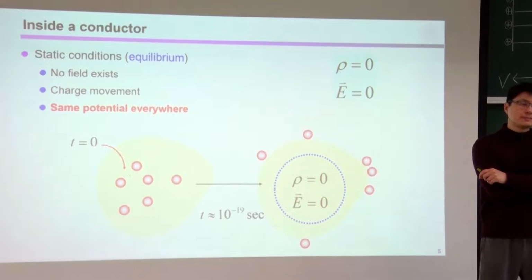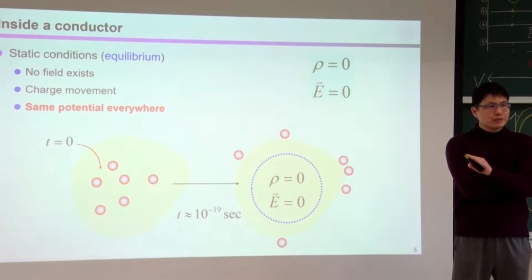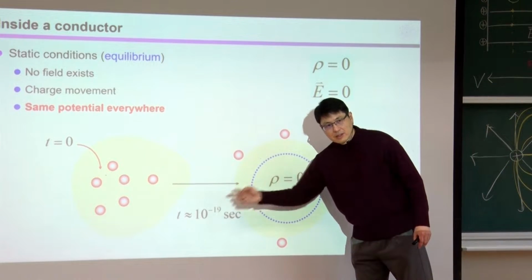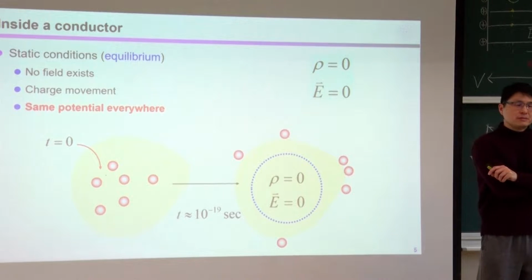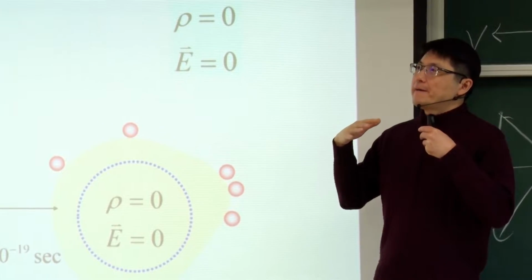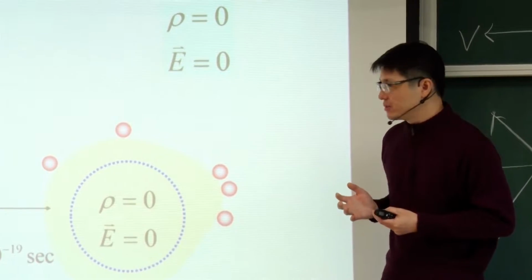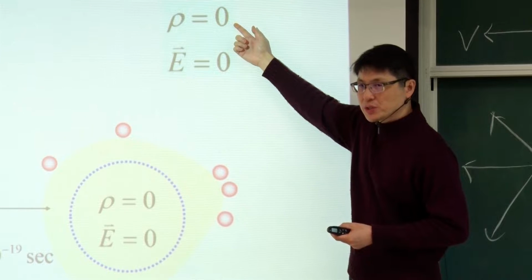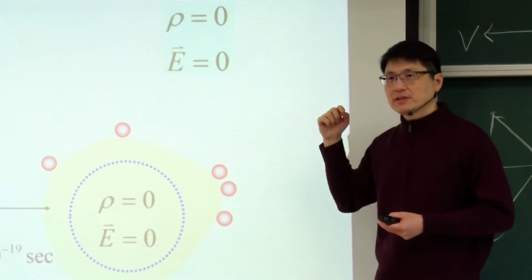Okay? Later on, I will prove it to you. I can even just show you the time scale. It's really zeptoseconds. But up to now, the basic two assumptions for a perfect conductor are: you cannot have charge inside the metal, you cannot have the field inside the metal.